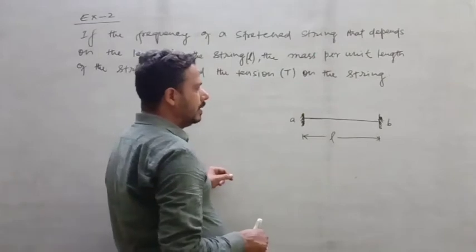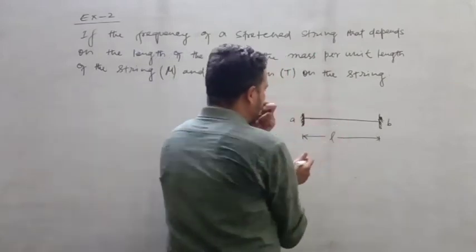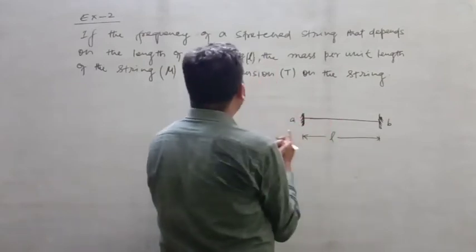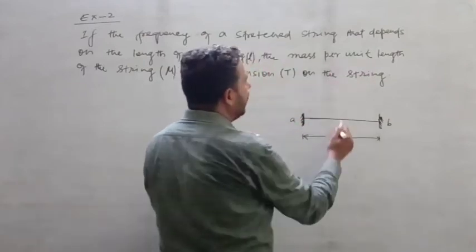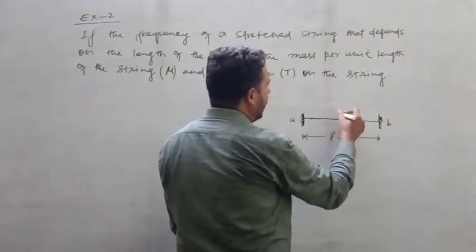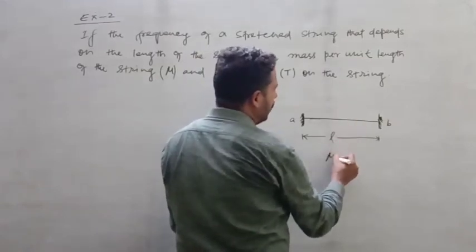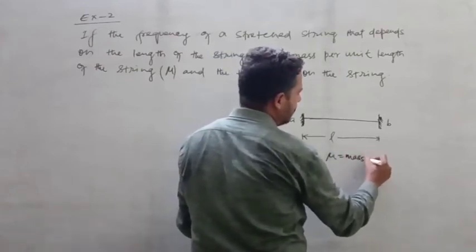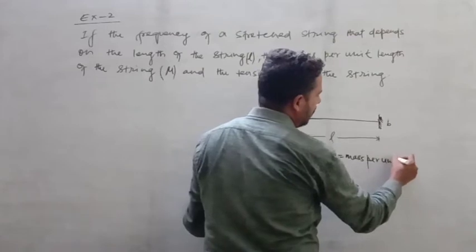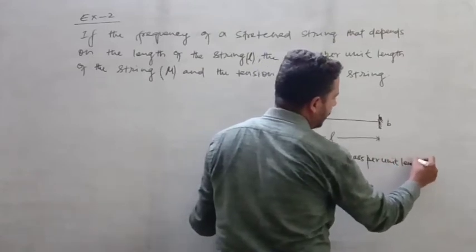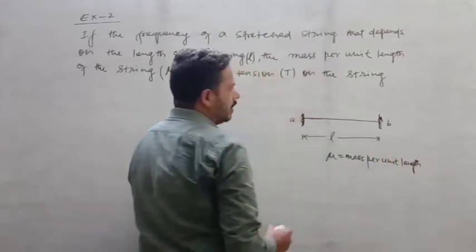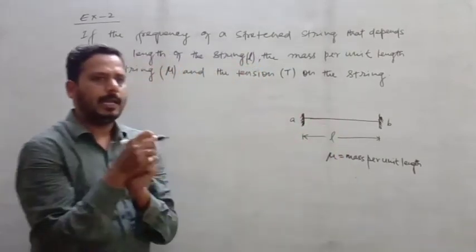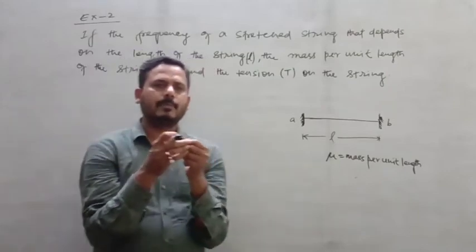When it vibrates, this length has some mass, so the mass per unit length also matters, and mu will be the mass per unit length. Simple. And after vibration, a tension will develop inside the string.